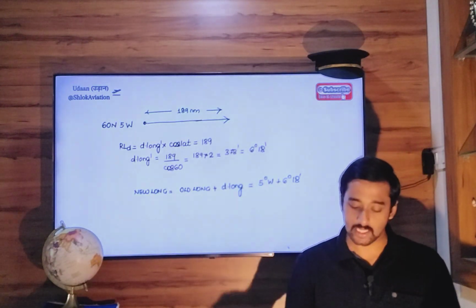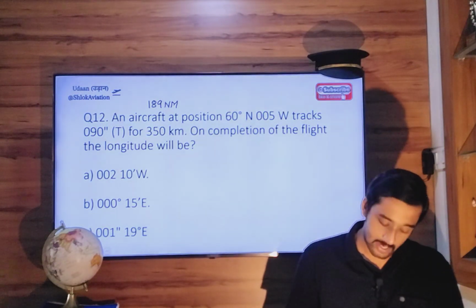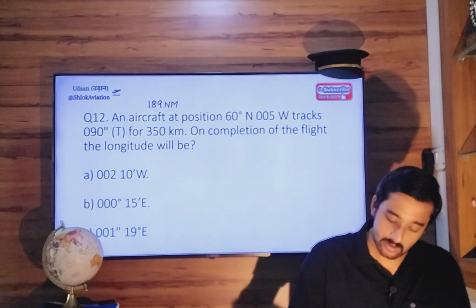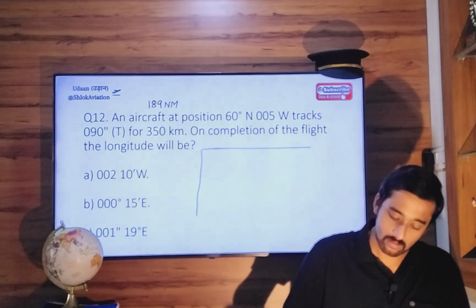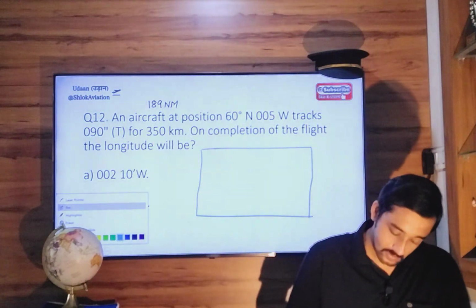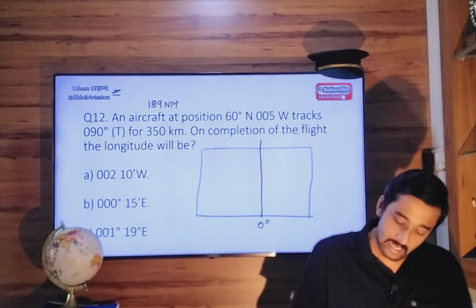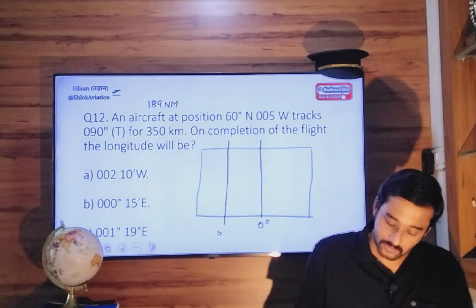So 5 degree west plus 6 degree 18 minutes. Now how will this 6 degree 18 minutes west get divided? Remember, we are at 5 degree west. Let's say this is your earth. There will be prime meridian in the center. Your 5 degree west longitude is here.